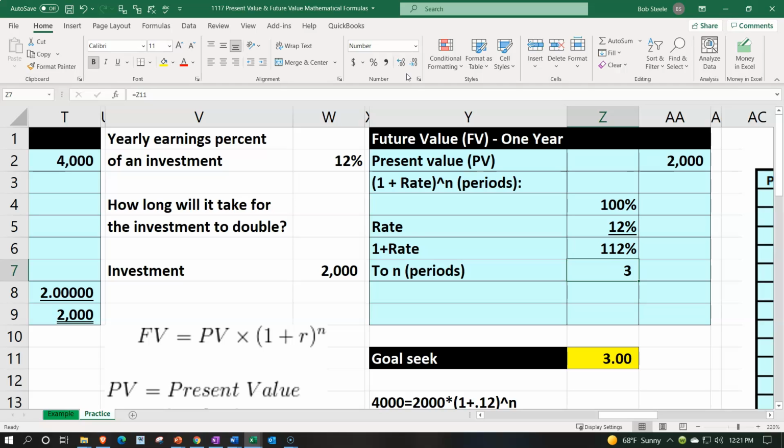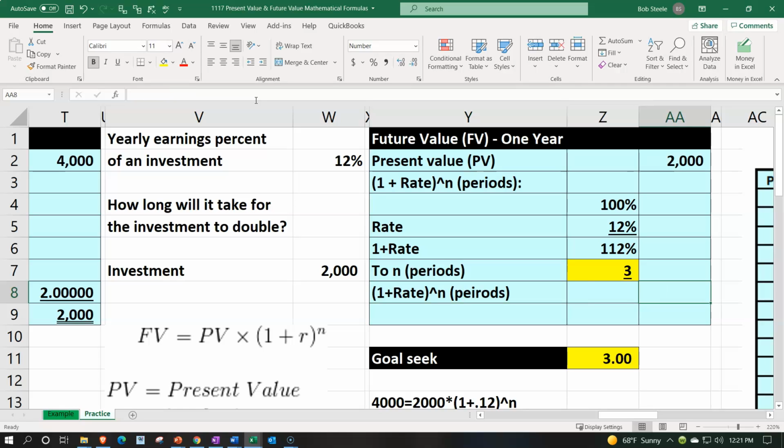I'm going to make it yellow to indicate that's the varying component. Home tab, font group, yellowfied it. Then font group and underline it. And then this is going to be the brackets, 1 plus the rate, and then close it up, shift 6, caret, n, periods.